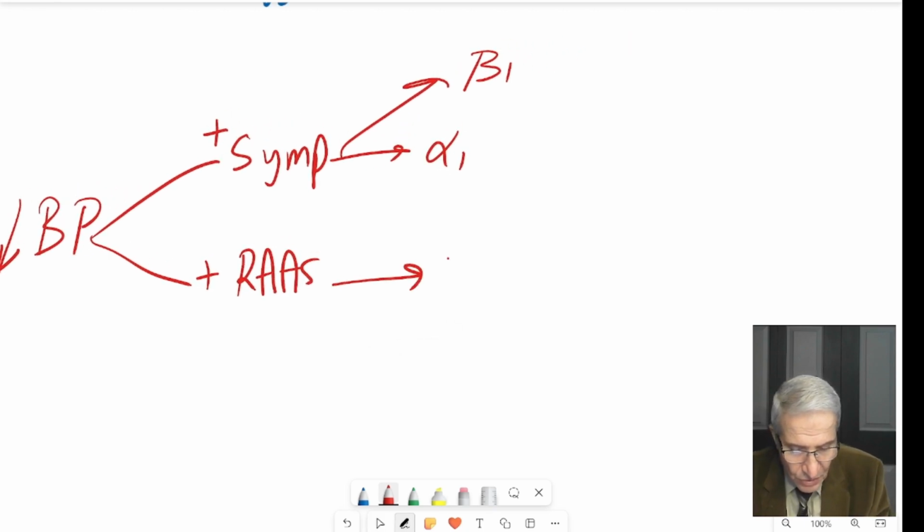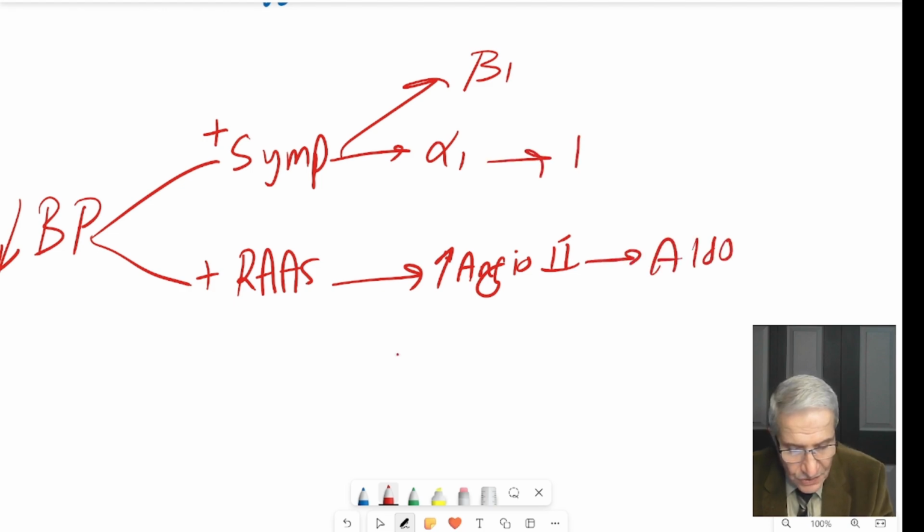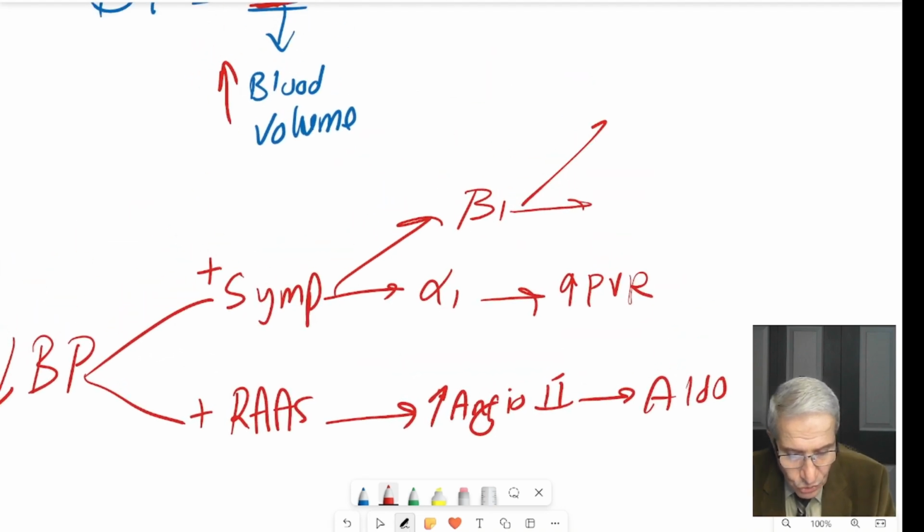This one will increase the level of angiotensin 2 and aldosterone. This one will increase peripheral vascular resistance. This may be beta 1; we talk about too many places. We talk about the heart, and we are speaking about renin and the kidneys.